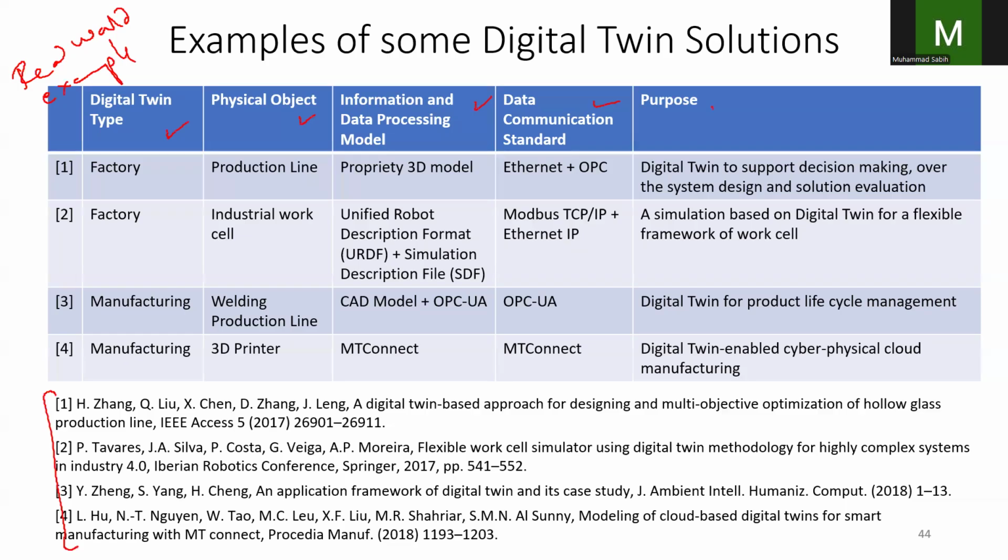So in the first example, it's a factory production line. Here a proprietary 3D model is used to simulate the entire production line. Let me write a few words here as I speak.